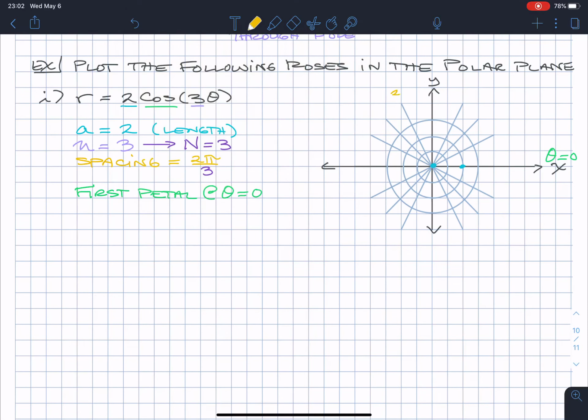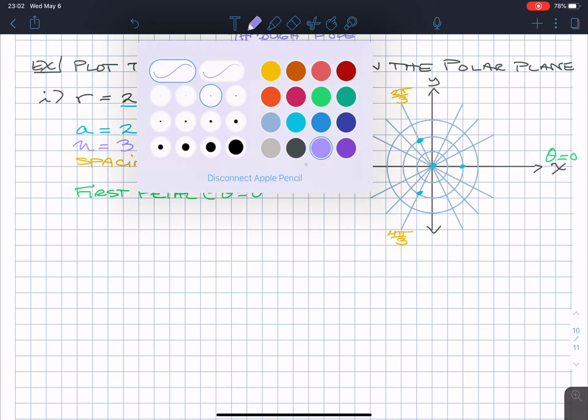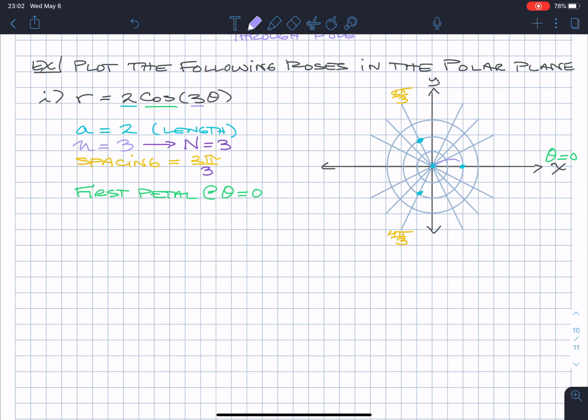So here's 2 pi over 3. 2 pi over 3 plus 2 pi over 3 is 4 pi over 3. If I were to add another 2 pi over 3, I'd be at 6 pi over 3, otherwise known as 2 pi, so I've gone full circle. My next petal will have a length of 2 in the direction of 2 pi over 3, and then 4 pi over 3. So when I draw this rose, I have petals of length 2.